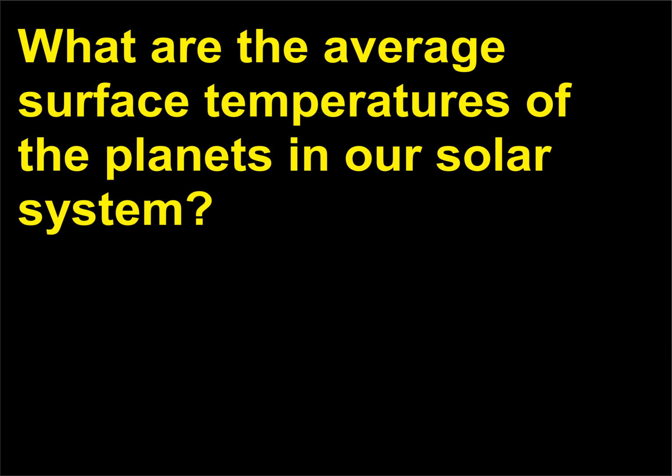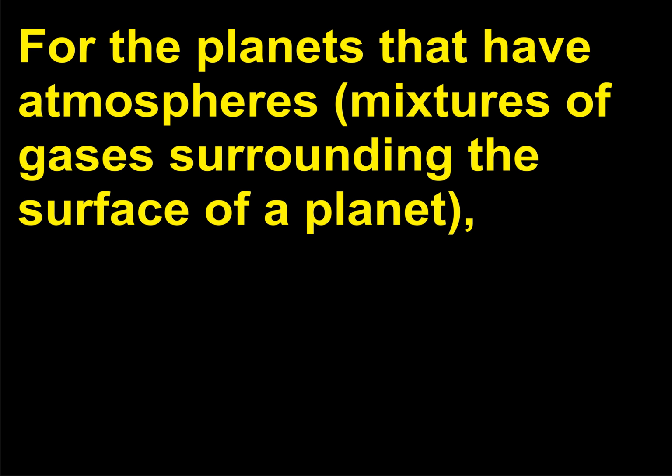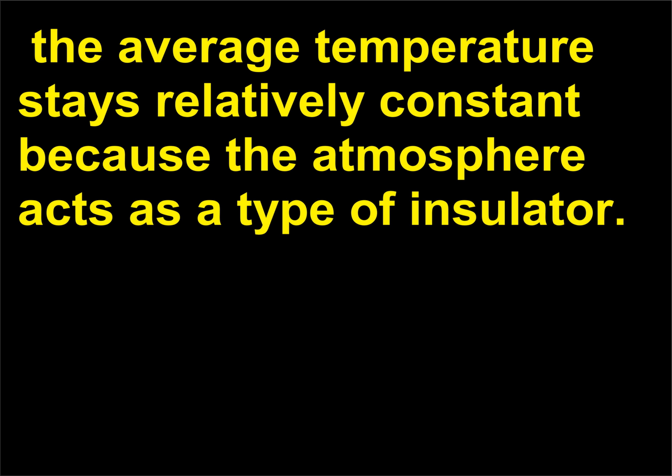What are the average surface temperatures of the planets in our solar system? For the planets that have atmospheres, mixtures of gases surrounding the surface of a planet, the average temperature stays relatively constant because the atmosphere acts as a type of insulator.